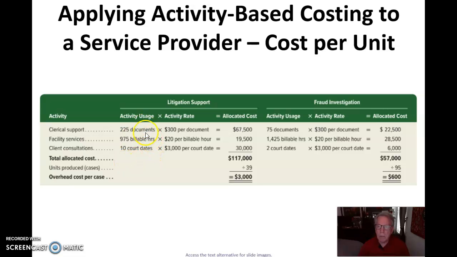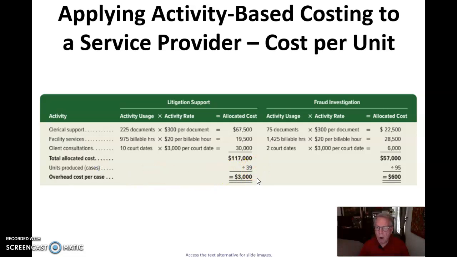We take the number of documents multiplied by the activity rate, and that gives us $67,000, etc., etc. And our total allocated cost is going to be $117,000. And we have a number of units, in this case, the number of cases, which is 39.